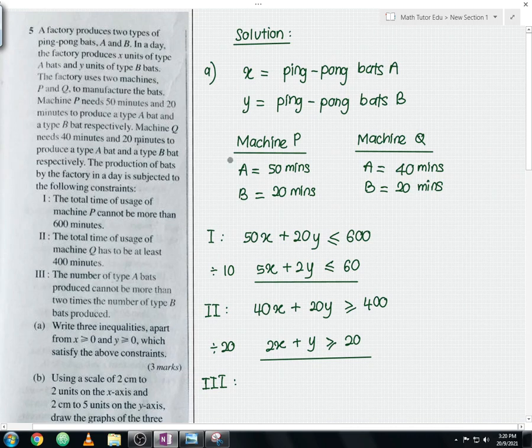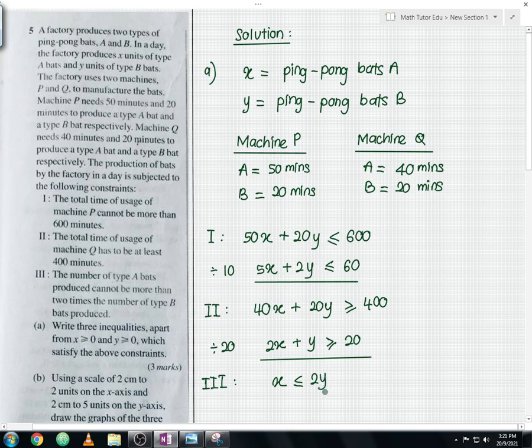Type A batch is X, so just write X. Cannot be more than means it should be less than or equal to. So X should be less than or equal to 2 times the number of type B. Since type B is Y, it will be X less than or equal to 2y.